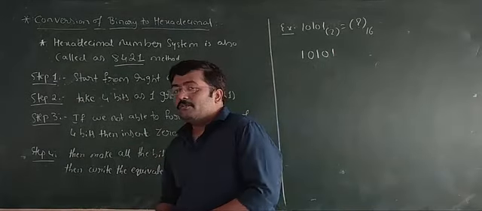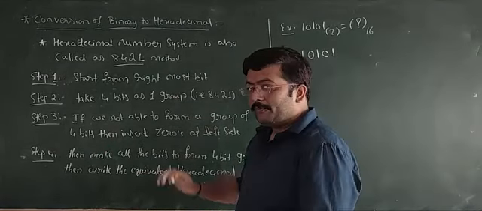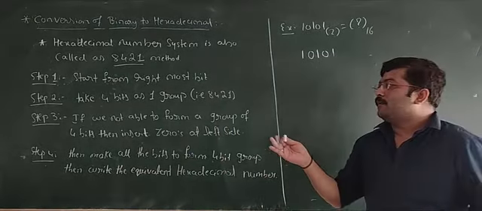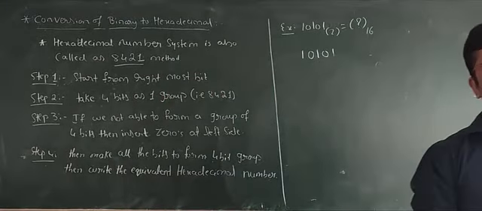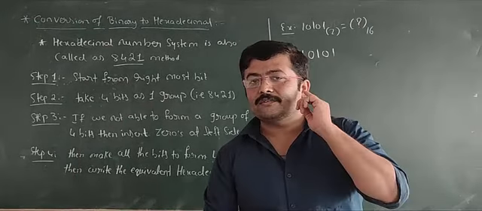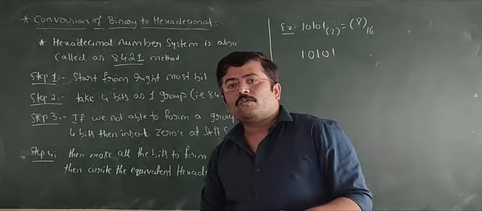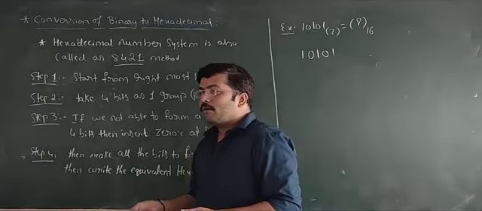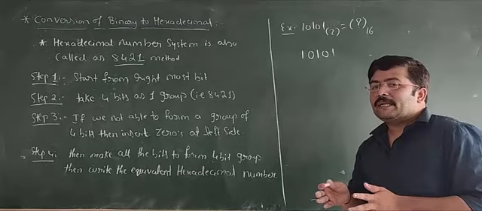So step 3 is, if we are not able to form a group of 4 bits, then add zeros to the left side. In the previous conversion I already told you that if we cannot form a group of 3 bits for an octal number, using the 4 2 1 method, then we insert zeros at the left side.